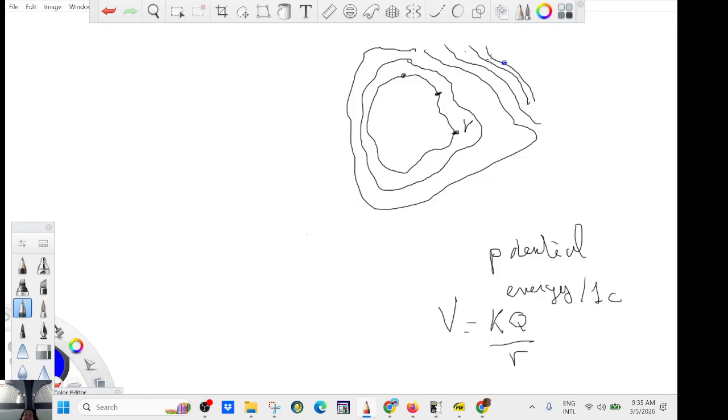When those equipotentials are very close to each other, that means the slope is the largest. It's actually the gradient. So by definition, the electric field is the greatest slope.